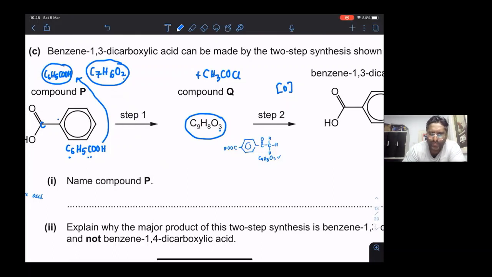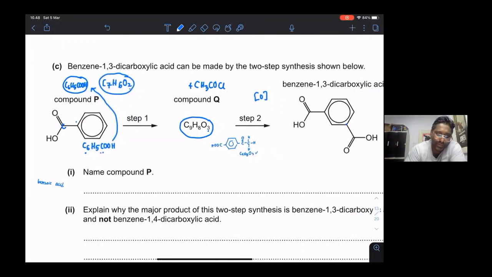If it is something to do with an increase of carbon, normally we think about nitrile, KCN. But here, since we are dealing with the benzene molecule and also with oxygen, this is going to be something to do with the Friedel-Crafts reaction, which is an electrophilic substitution reaction.